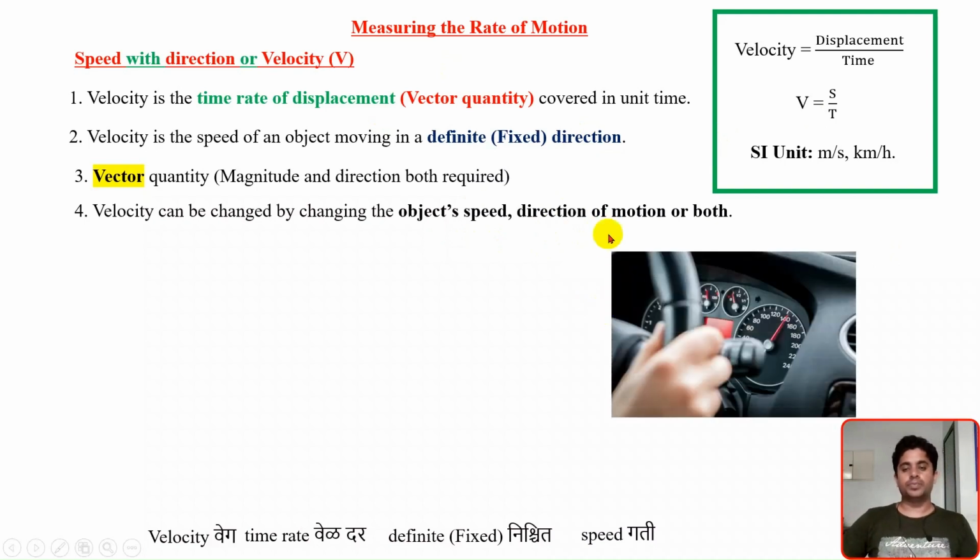Let us take an example. Suppose you are driving a car at a uniform speed of 140 km per hour and you are traveling in a straight path. Remember, I am saying you are driving that car on the road in an exactly straight path. Your speed is 140 km per hour.